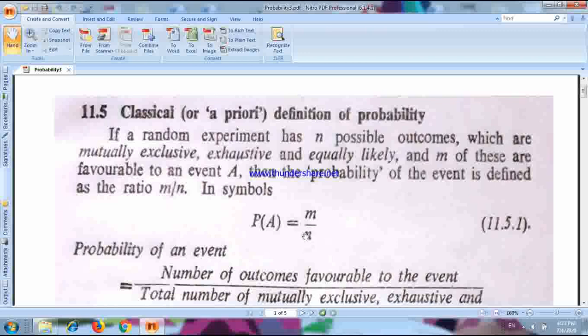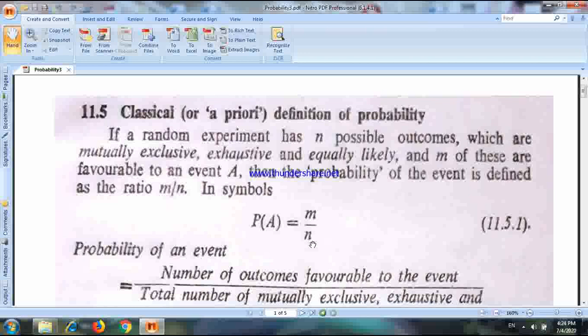So what is this n? This n is the total number of possible outcomes of a random experiment, and m is the number of favorable outcomes.